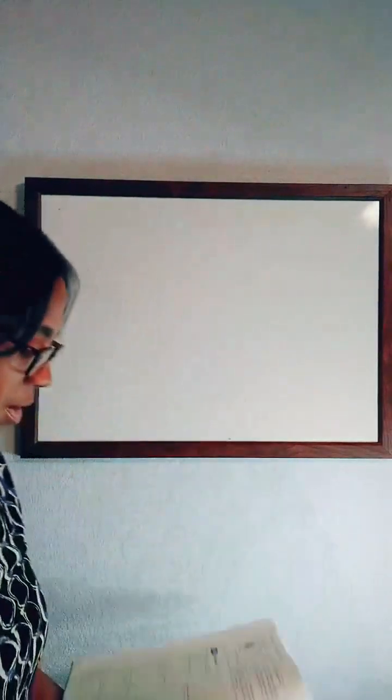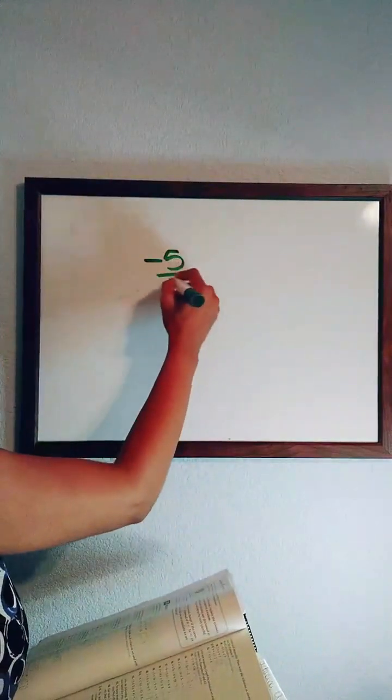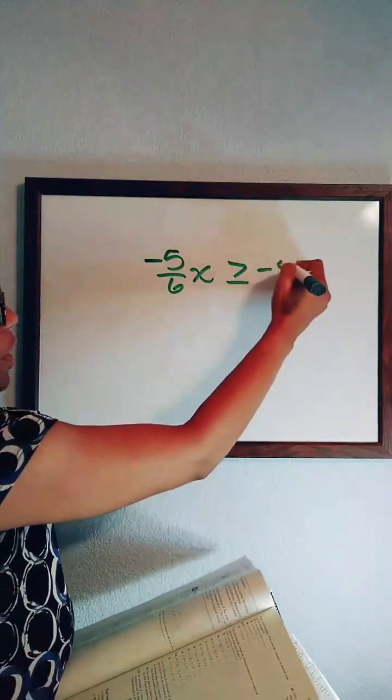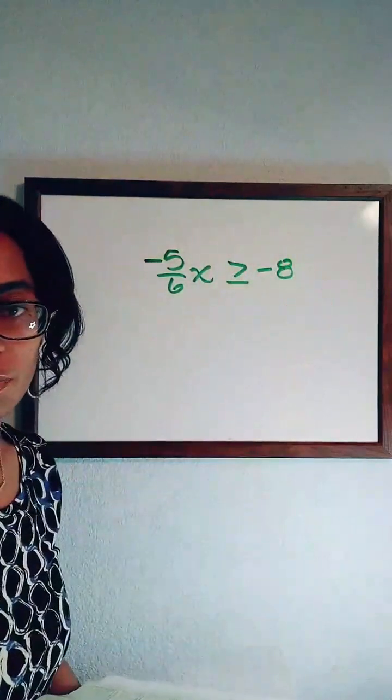Right, you multiply by the denominators. Has whoever asked me to do the one with the fractions still on here? Look, here go one. Negative 5/6x is greater than or equal to negative 8. I do help with graphs.